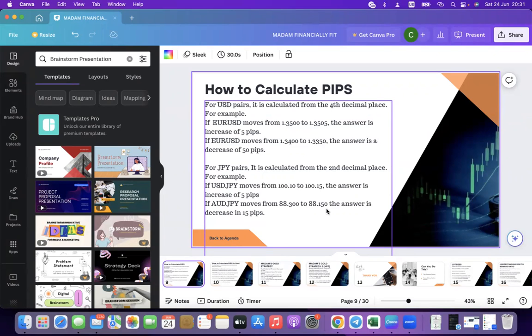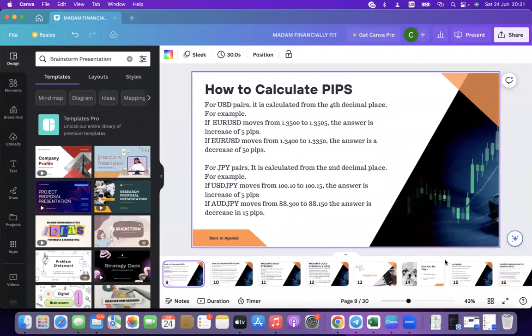So the 3rd one is what we call the pipette. Likewise here, if there was a 5th number after these 4 decimal places, that is the pipette. So I'm just concentrating on the pips today. So look at that, from 88.300 to 88.150, if you remove the zeros, which are the pipettes, it is 30 minus 15, and it gives you 15 pips.